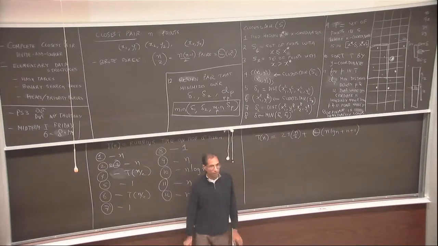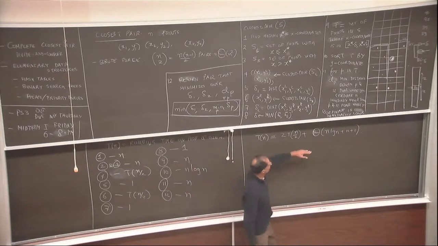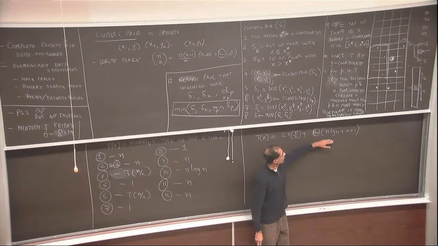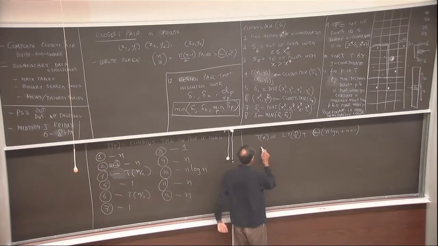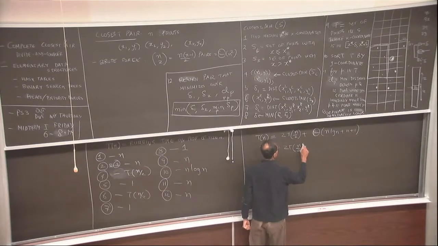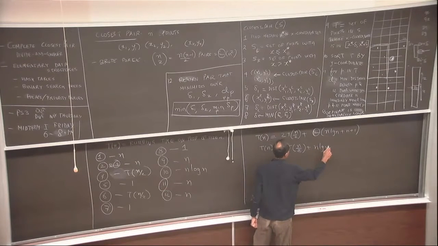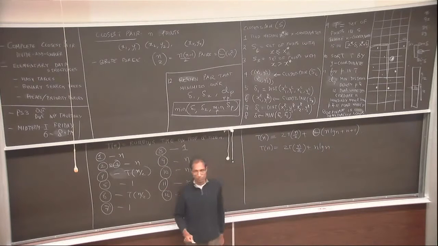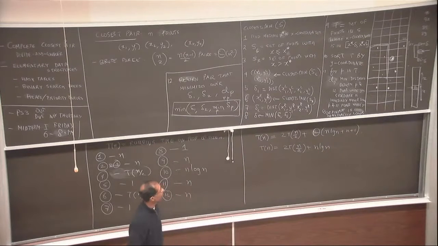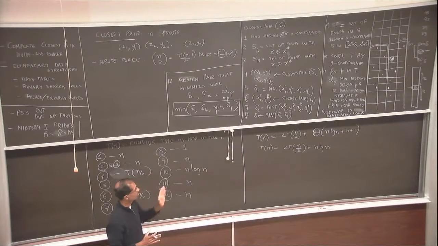I'm writing this a little formally at the moment. What is the dominant function here? N log n. And so the recurrence for this is exactly the same. If you don't care about the constant, these two have the same behavior. If I just extract out the most dominant function, that's my recurrence.